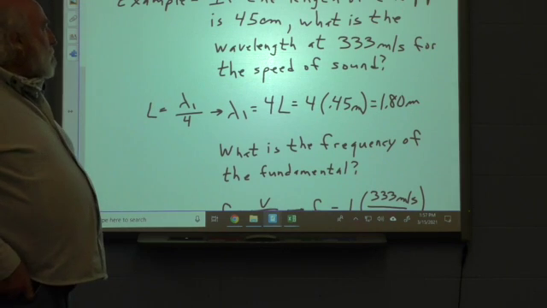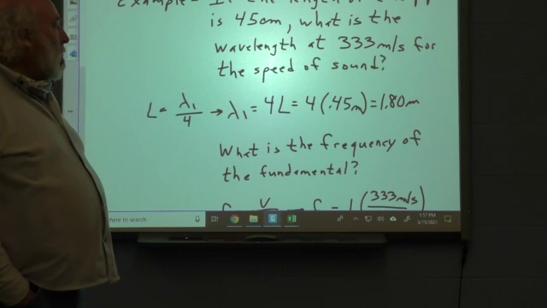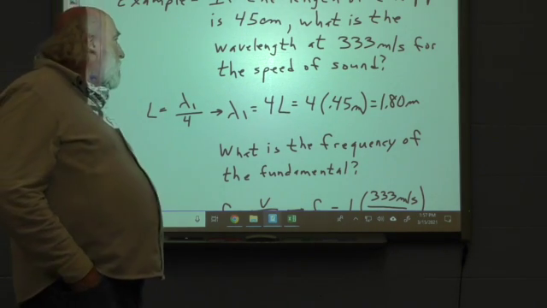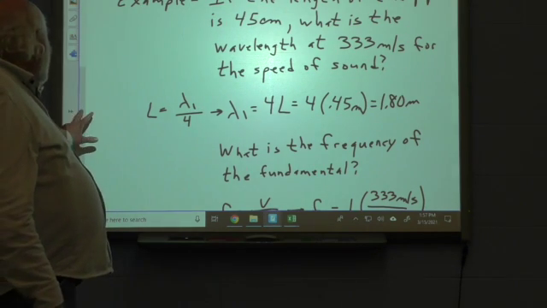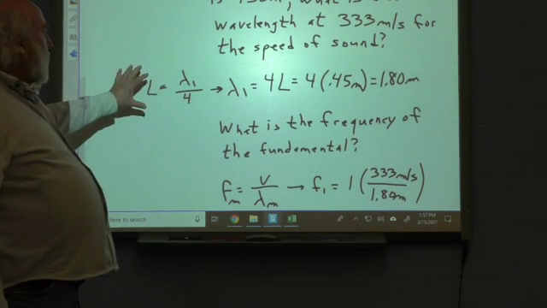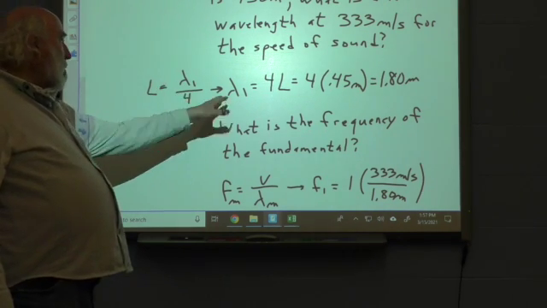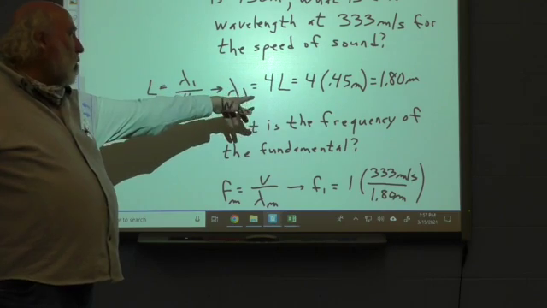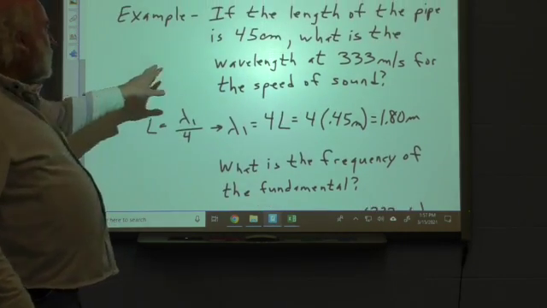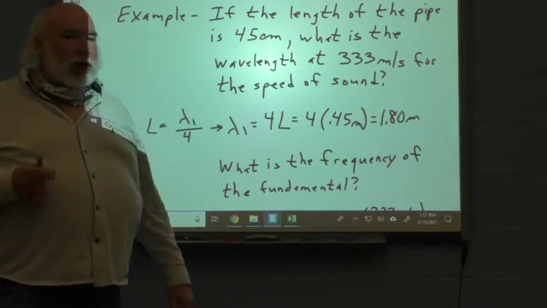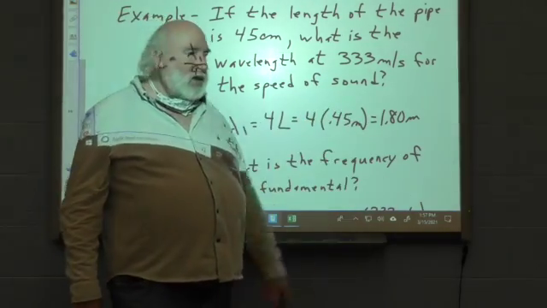Example: if the length of the pipe is 45 centimeters, what is the wavelength at 333 meters per second for the speed of sound? So, since we're trying to find wavelength, we know L equals lambda 1 over 4, therefore lambda 1, the fundamental, is going to be 4L. So it's 4 times the length of the pipe. The pipe here is 45 centimeters, but we need to change it over to meters. We get 0.45 meters, and our answer is 1.80 meters.